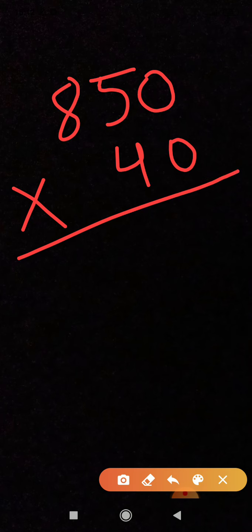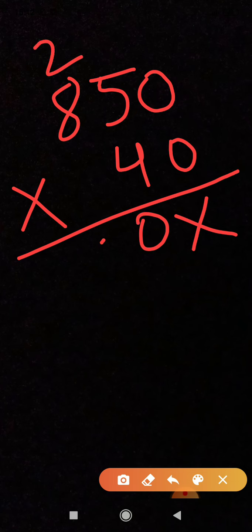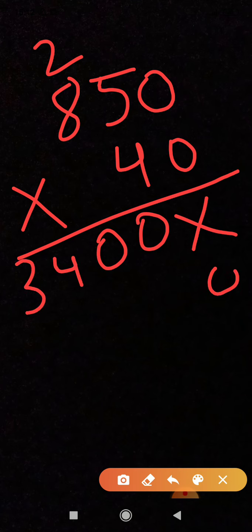Now how to calculate with the decimal point in multiplication. First of all, write 850. We need not put any decimal for this. First multiply the sums. So 850 multiplied by 40 we will do first. 4 zeros are 0, 4 5s are 20, 4 8s are 32 plus 2, 34. 0 zeros are 0, 5 zeros are 0, 8 zeros are 0.